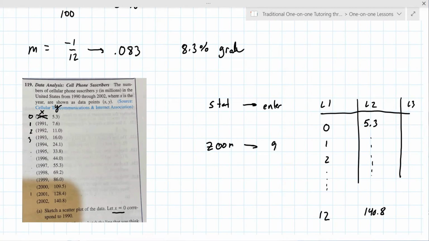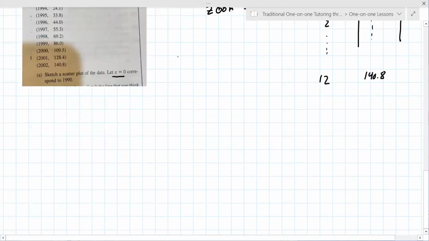And that's something you'll want to do each time, because the window doesn't know the right window. You have to either tell it the right window or use that, and then it tries to guess the right window. Okay. So you're going to plot those data points on your homework somewhere. It looks like they go up, something like that.